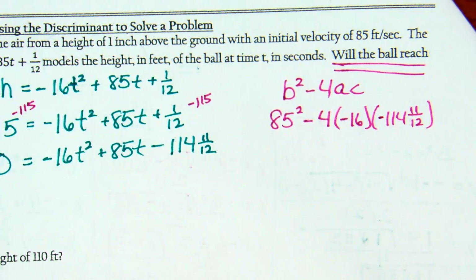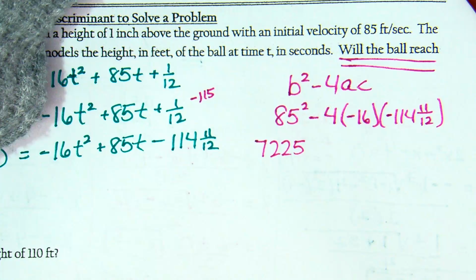Now, I can type 4 times 16 times 114 and 11 twelfths into my calculator as is. Please don't. So I'm going to turn my calculator on. 4 times 16 times 114 and 11 twelfths, which on these calculators, this ABC button will make something into a mixed number. So I hit 114, the fraction button, 11, fraction button, 12.